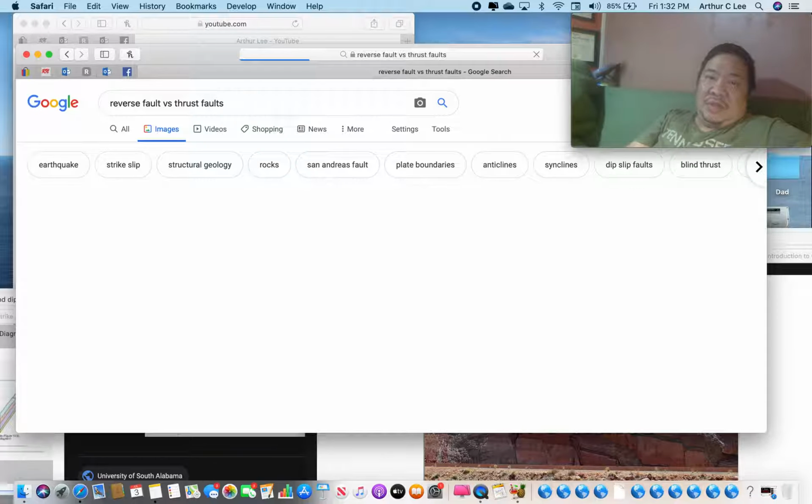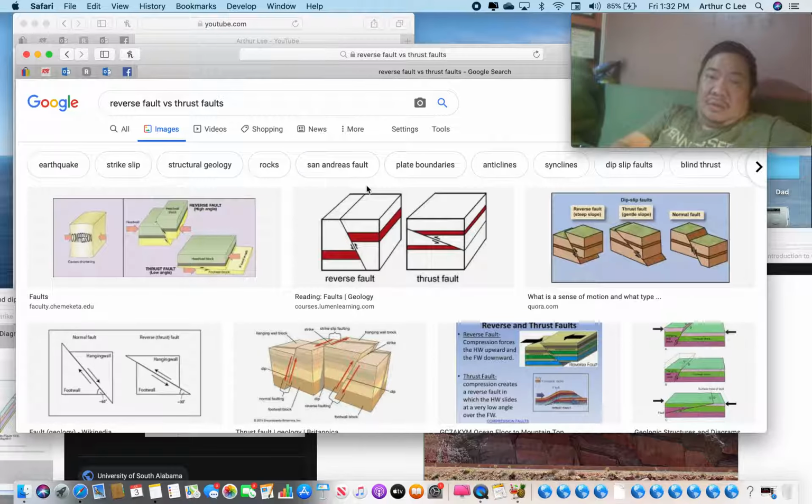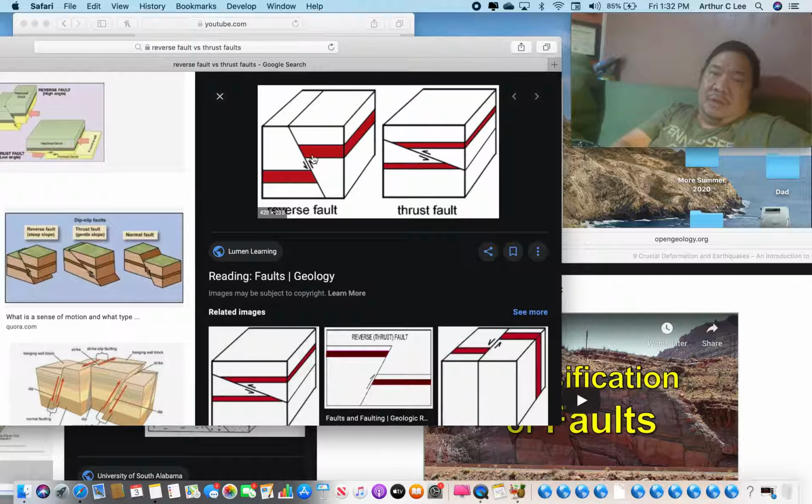Let me show you what it looks like. So here's a normal reverse fault where this is the hanging wall, this is the footwall. The hanging wall moves up. This is a normal reverse. This is a reverse fault.